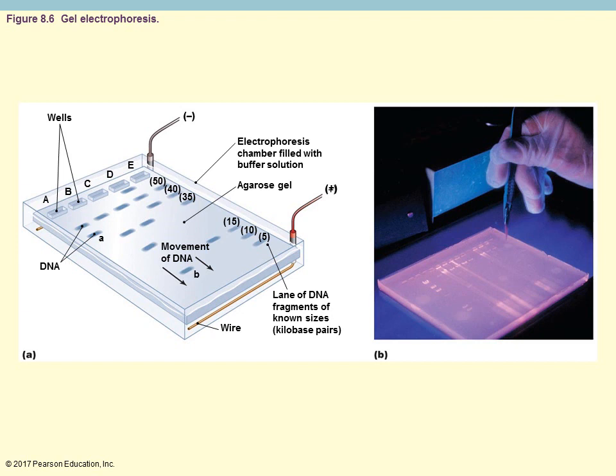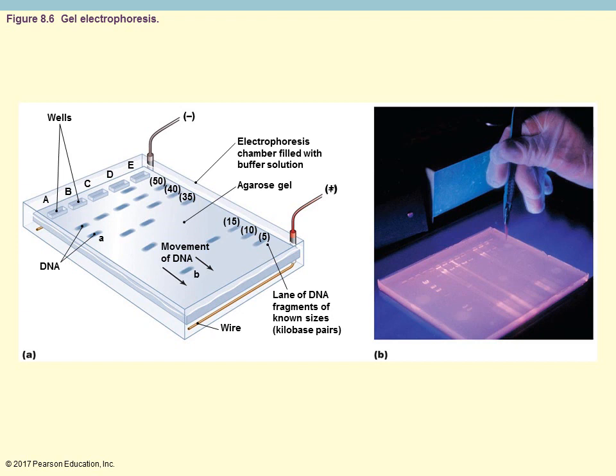So as you can see in photo A, the apparatus of how you would set it up. You have those different wells. As you can see, they're labeled in this one A through E. So you can put your control in E, so that has known sizes. As the fragments separate, once you have turned the electrical current on, the numbers in parentheses in column E are showing the different sizes of the fragments.